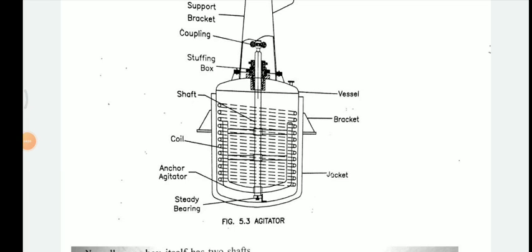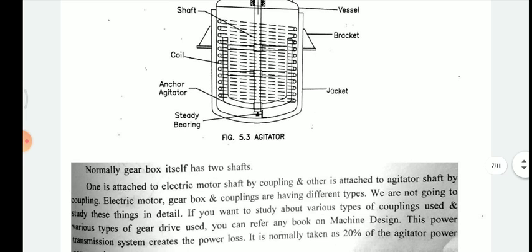The bearing means the shaft is connected to the bottom bearing so that it can move freely. Then on the outer side there is a jacket, then a bracket support for the vessel, and these are the vessel.